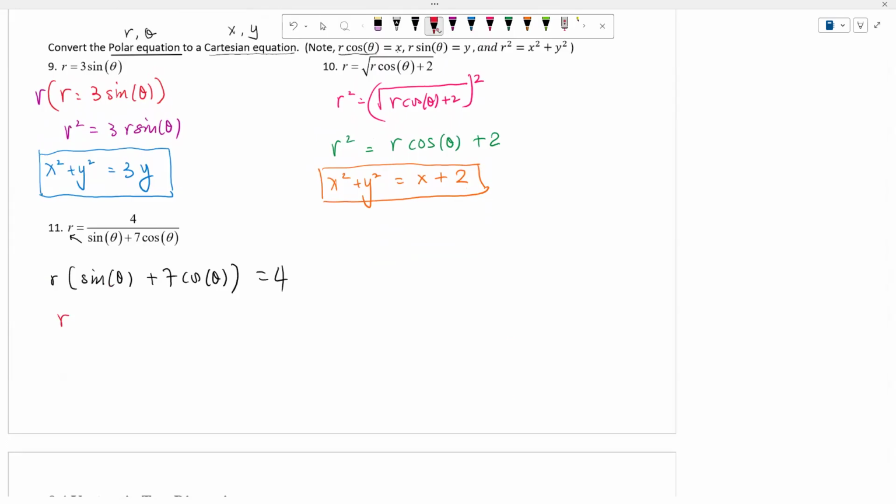Distribute the r, so I have r sine of theta plus 7 r cosine of theta equal to 4. In this case, we will have y plus 7x equal to 4. We have a straight line then.